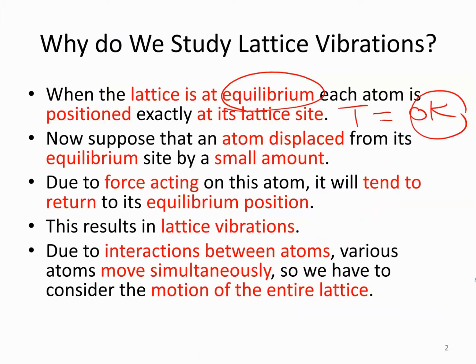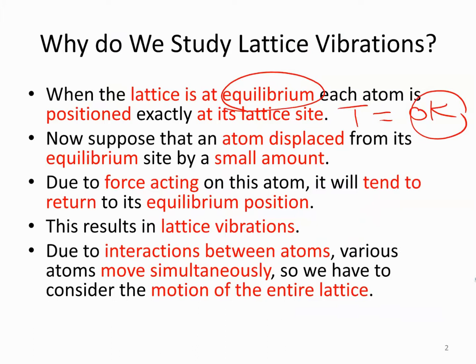Whenever the temperature is larger than 0 Kelvin, the atoms attached to the lattice will vibrate. Whenever you increase the temperature, it will vibrate with a larger degree of freedom. It's only static when the temperature is 0 K.